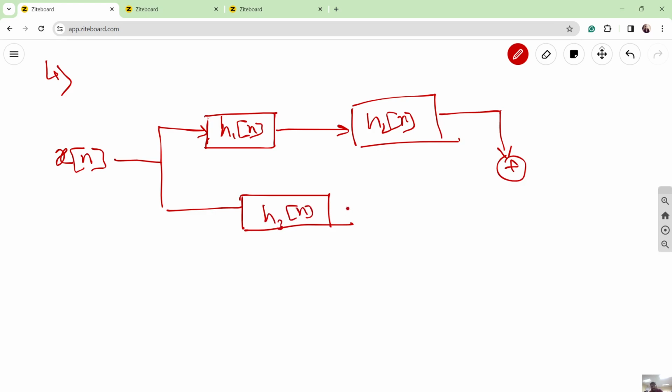Then it is h3 of n. The output is y of n. So question is, what is y of n?